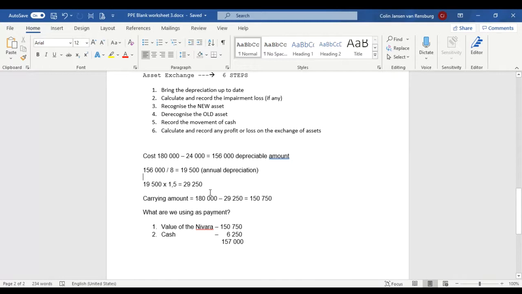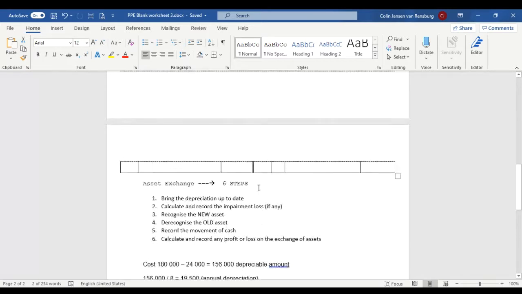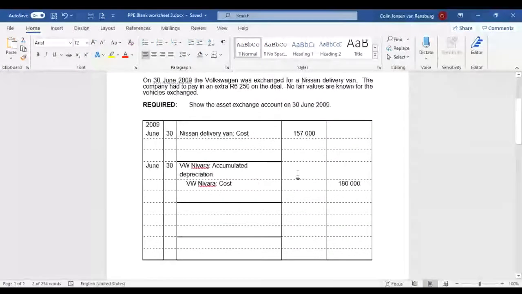So the balance on the accumulated depreciation account as it stands now is that one, right? 29,250. So now once we've debited that account with the balance that was on it, it means the account balance is now zero, right? It is now zero.